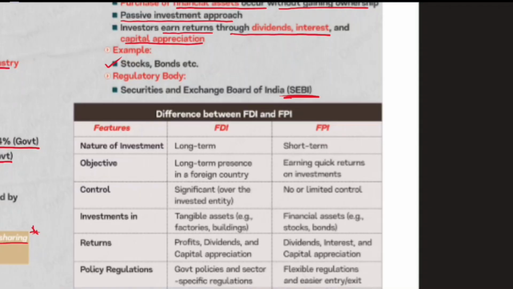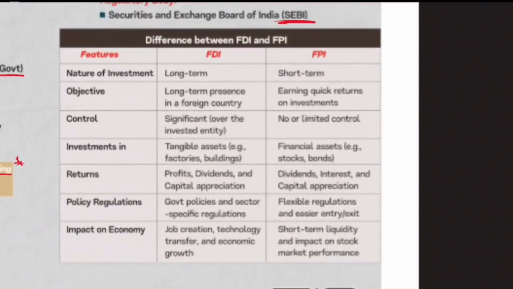What are the differences between FDI and FPI? Nature of investment: FDI is a long-term investment, FPI is a short-term investment. Objective: FDI seeks a long-term presence in a foreign country, while FPI seeks quick returns from investment.